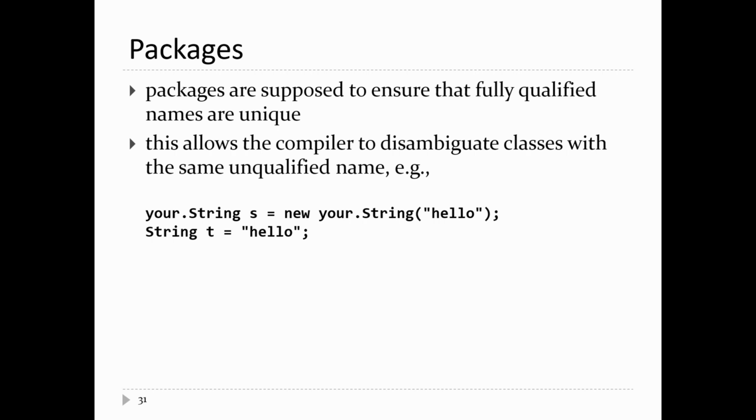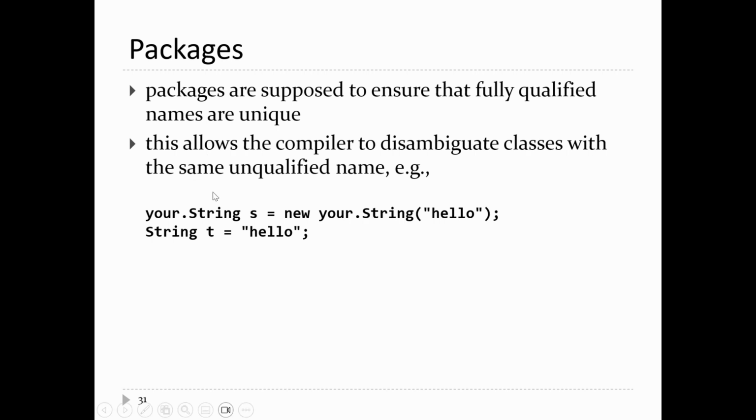You're still allowed to call the class String. You have to put it in a different package because your string class has to have a different fully qualified name compared to the Java standard String class. Otherwise, you can't use both classes in your program at the same time. And I don't think you're allowed to put anything in java.lang anyway.